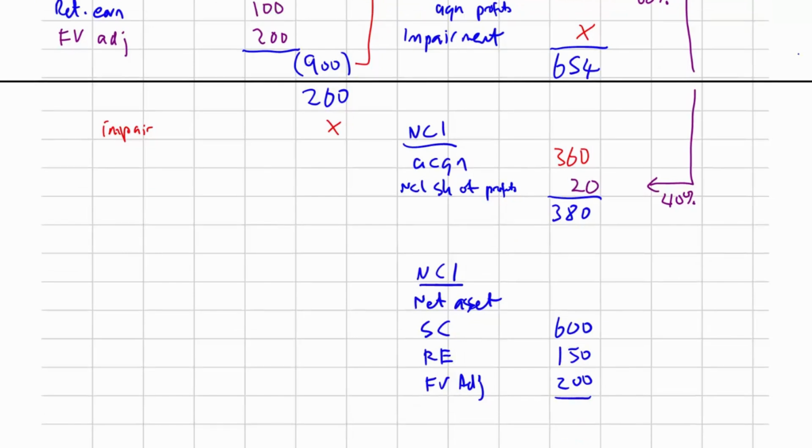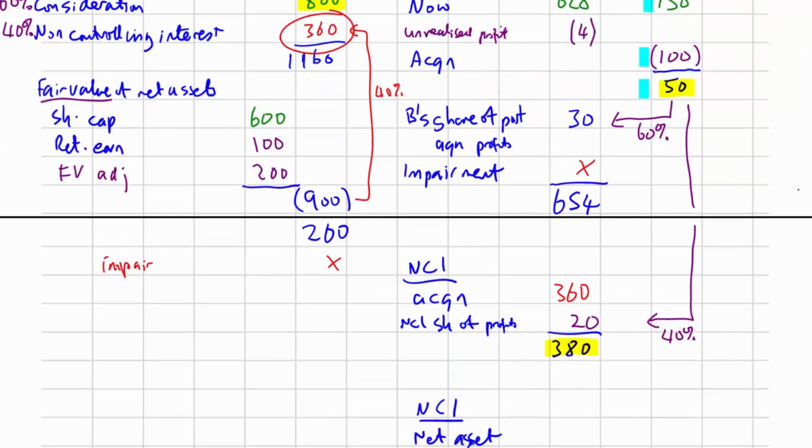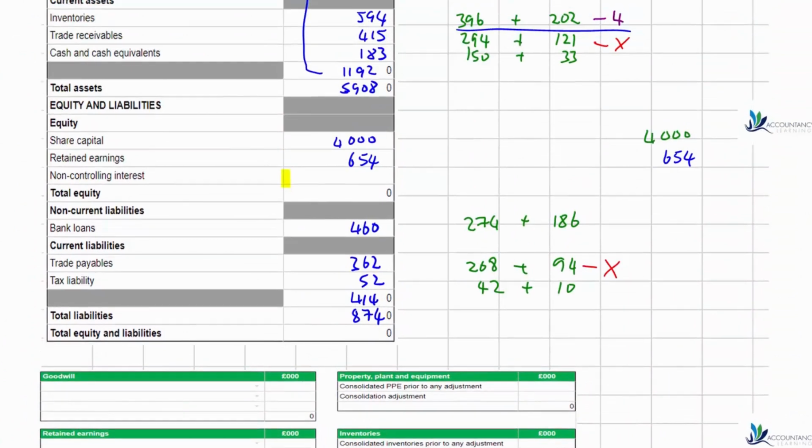That gives us a total there of 950. And if we multiply by their 40% share, that gives us 380. So we've got the same number, so it doesn't really matter which method you want to use. Both of them will work. So we can put that 380 into the non-controlling interest. And then when we get our subtotals, we can see that our statement of financial position balances.